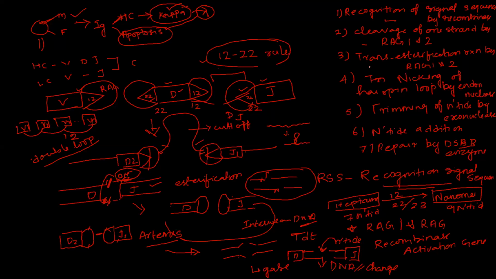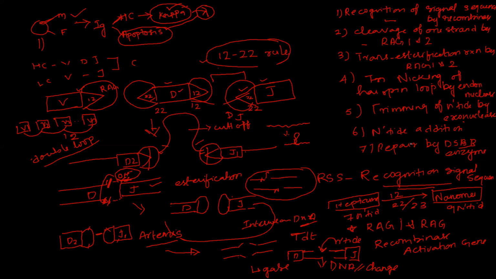There occurs a transesterification reaction, the nicking of the hairpin loop by the endonuclease Artemis, and then trimming of the nucleotides by exonucleases, and TDT will also add nucleotides, creating P and N nucleotides or junctional diversity.